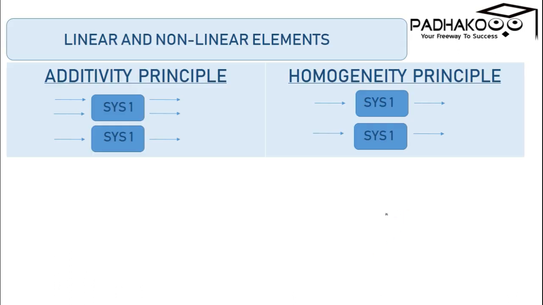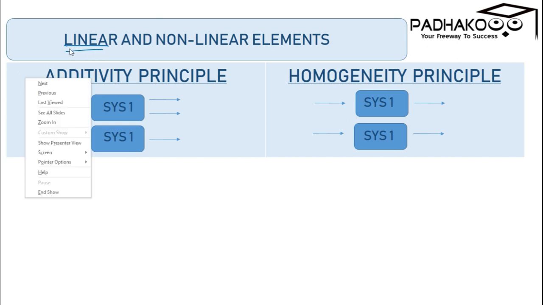Now, before calculating the value of Vth and Rth, let us see what linear and non-linear elements are. Linear elements are those which follow the additivity principle and the homogeneity principle at the same time. What is the additivity principle?